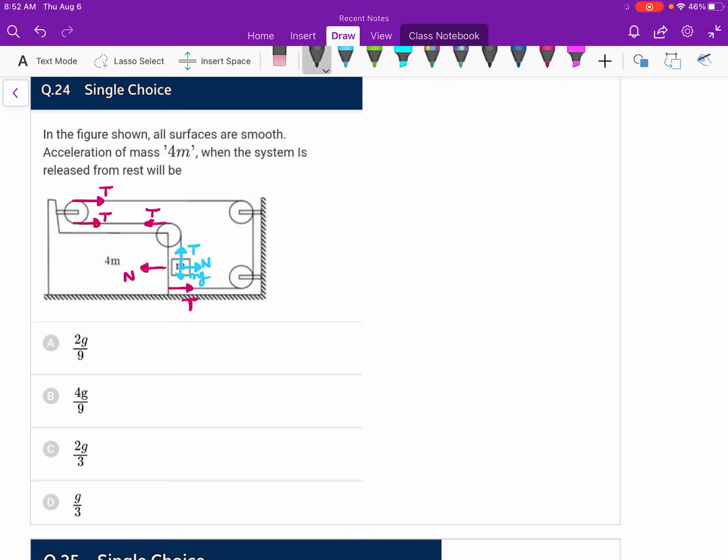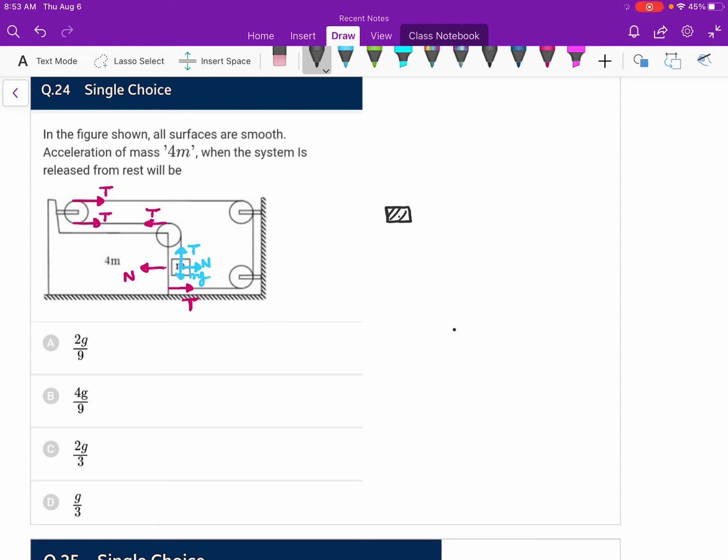So the block relative to the wedge moves downward. Acceleration of block relative to the wedge is in the downward direction. I am calling small m the block and 4m the wedge.